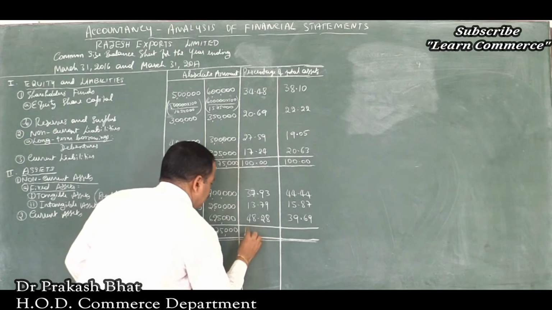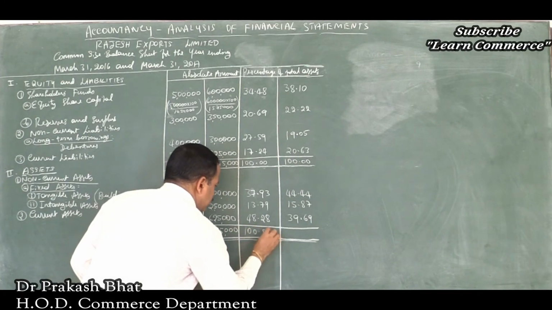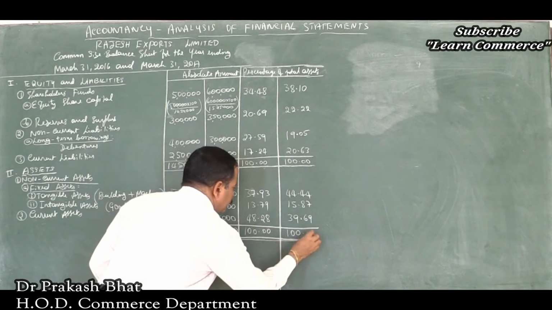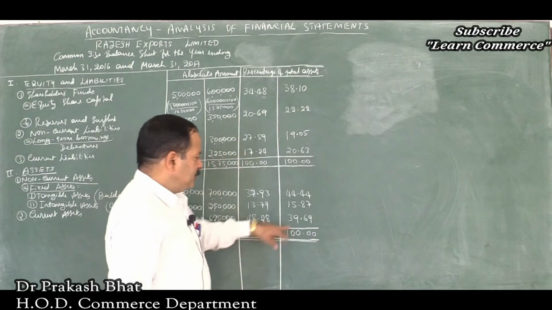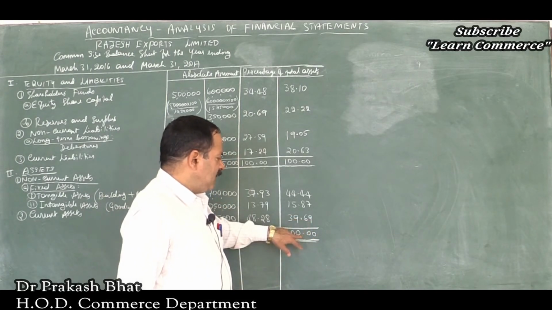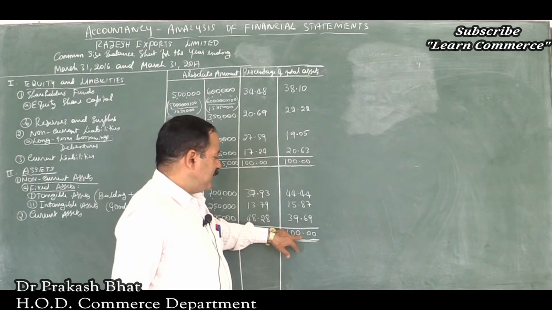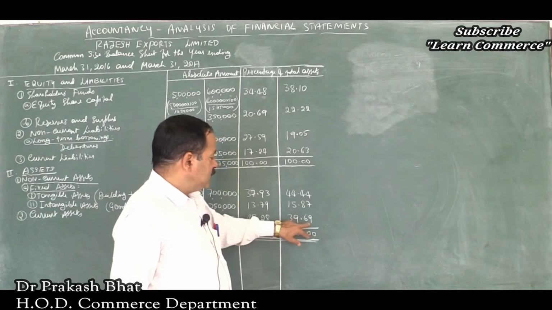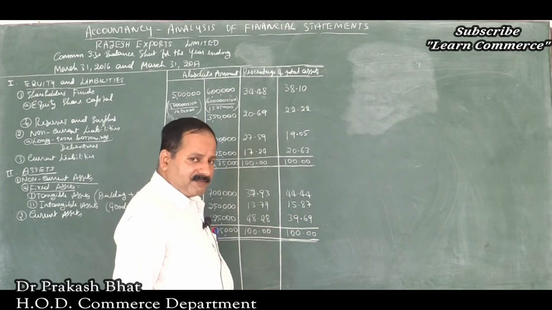Then here 100. 100. This is what you have to do. Here it was actually 39.68, and I got the total 99.99. So what I did is I made it 0.69 instead of 68, and I took it as 100.